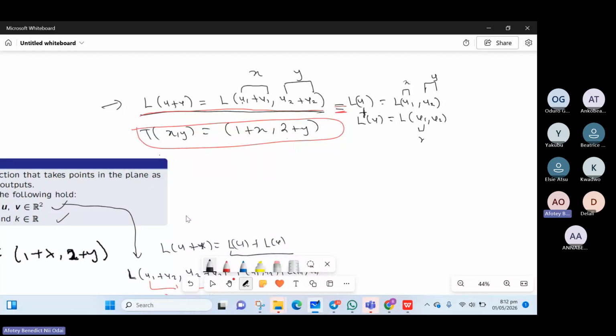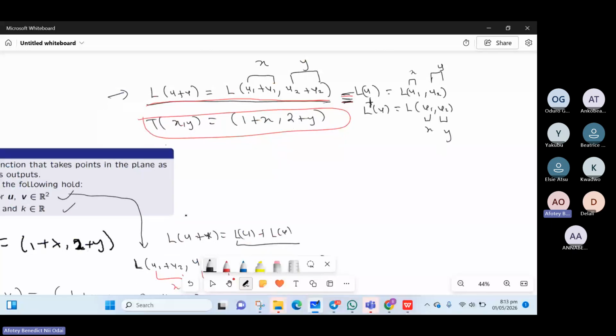So T(x, y) for L(V1, V2), basically apply these same formulas that have been applied on x and y to both of them. When you are done, you compare the two of them together and see if they are equal, then it's a linear transformation. If they are not, then it's not a linear transformation.